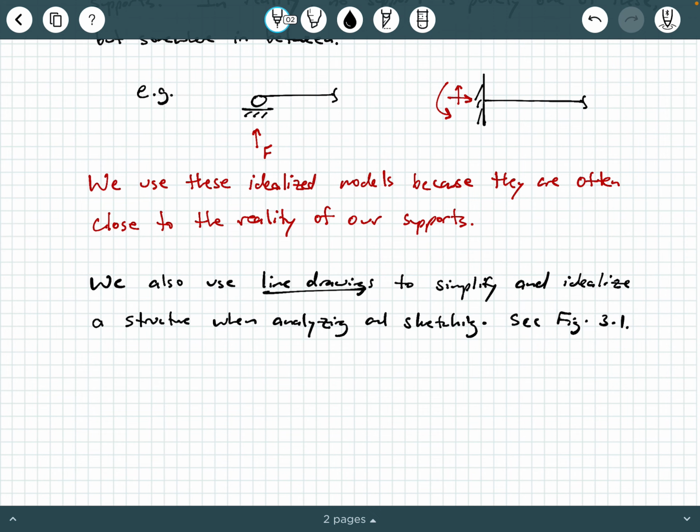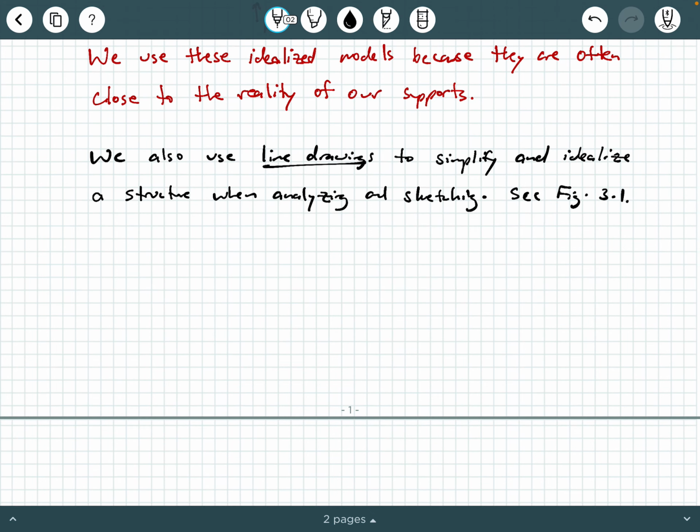Okay, the next vocabulary word we want to make a note of is what's called a load path. Okay, so let's make a note of this.